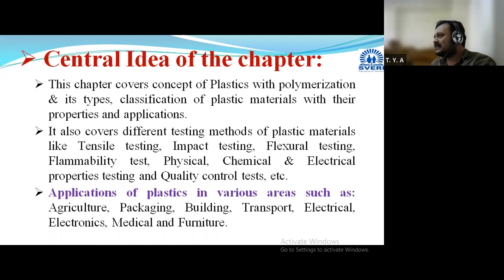Now in the same way, how is that testing done for the plastic material? Different tests are there: flexural testing, impact testing, tensile testing. What is the procedure to conduct that test for plastic material? That we are going to discuss in this chapter only. And at the end, applications of the plastics in different areas that we will see.